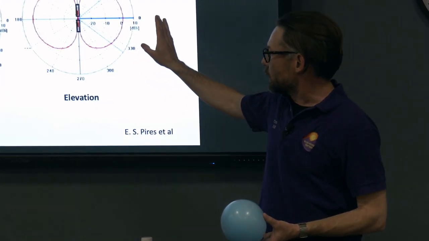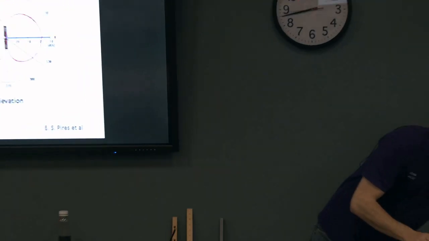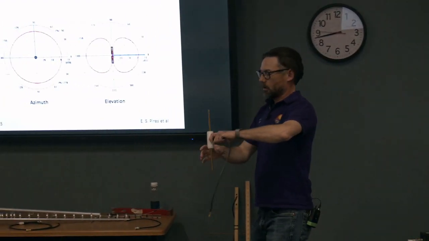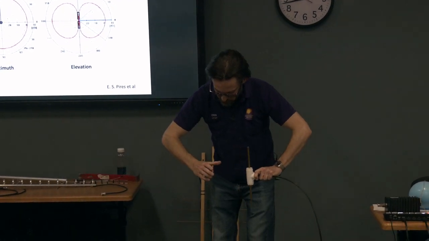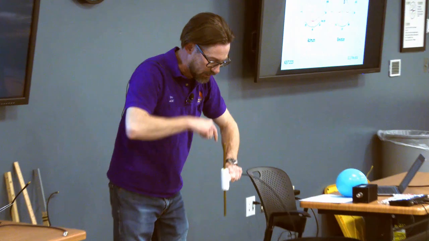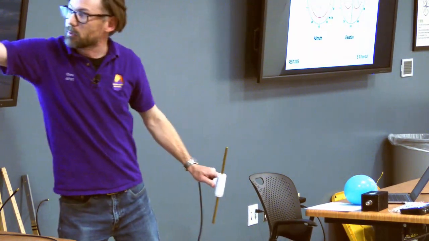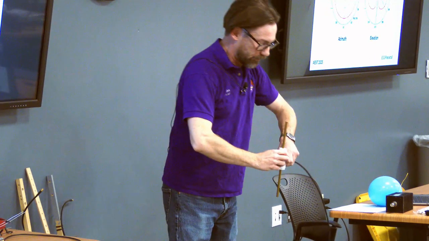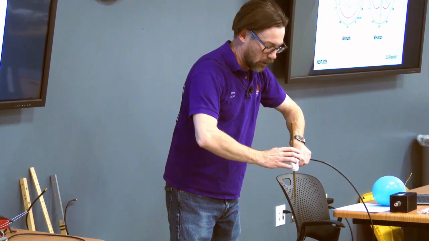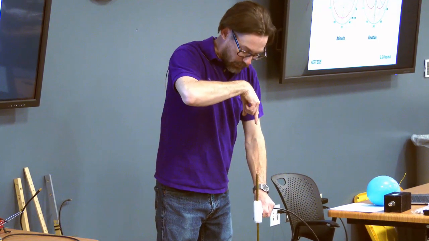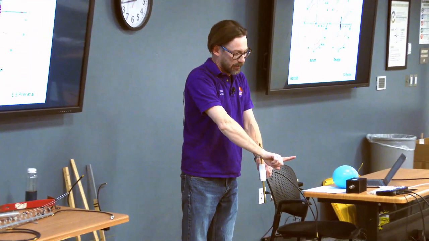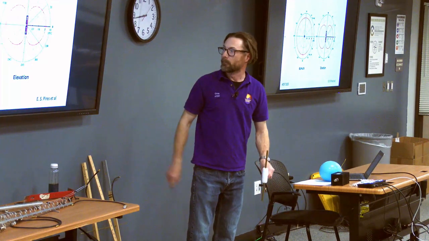We have two views here. Looking down on it, with our radiation going out the sides, that's our azimuth view, this one here. And you see it's just a circle, right? We have equal amounts of energy going out in all directions when we look at it this way, azimuth.